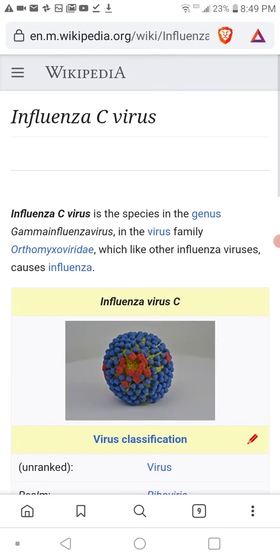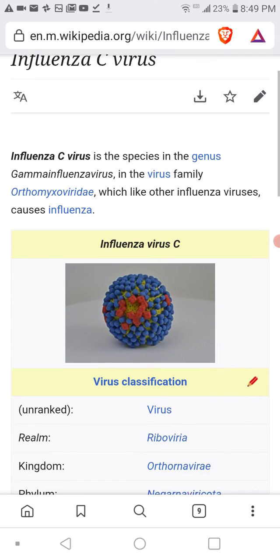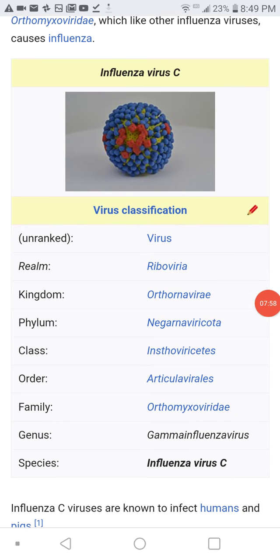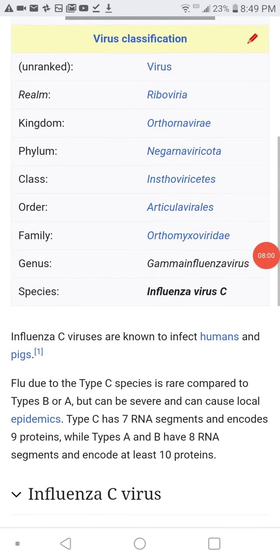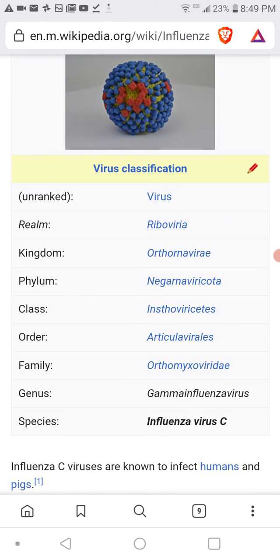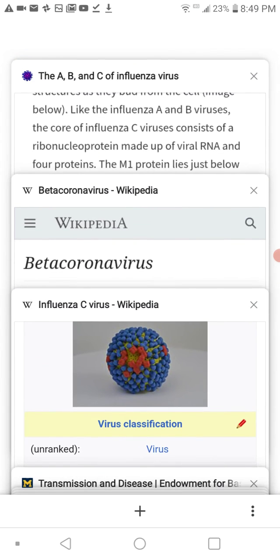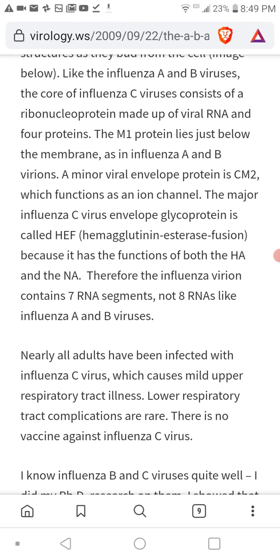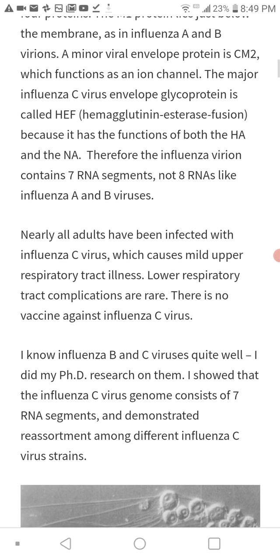Influenza C is, it's funny because it says in the wiki, if you go on, okay, so I'll check out Wikipedia for Influenza C. And you say, Influenza C viruses are known to infect humans and pigs. Flu due to type C species is rare compared to type B or type A. And so I come to an individual who says that he studied, I know influenza B and C viruses quite well. I did my PhD research on them.